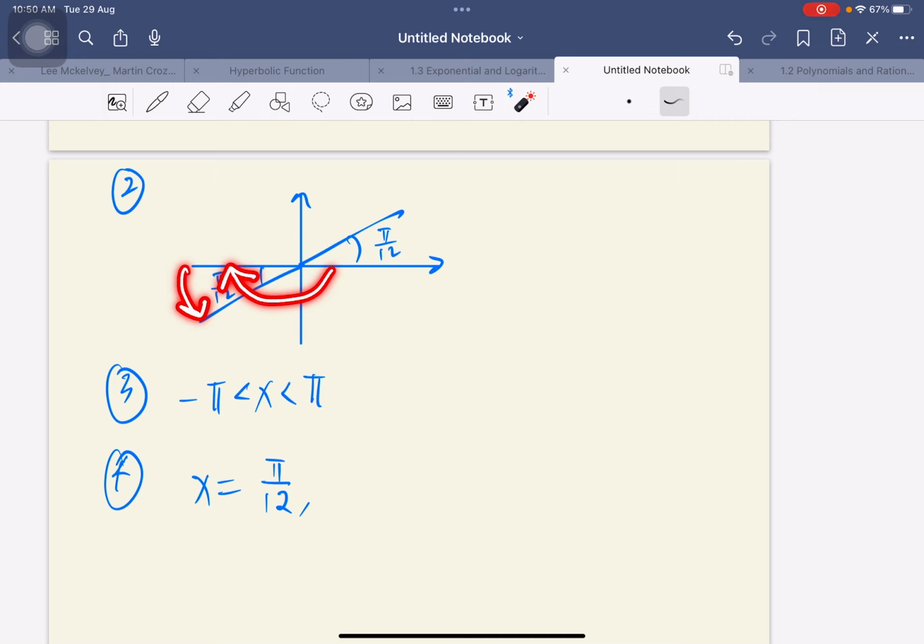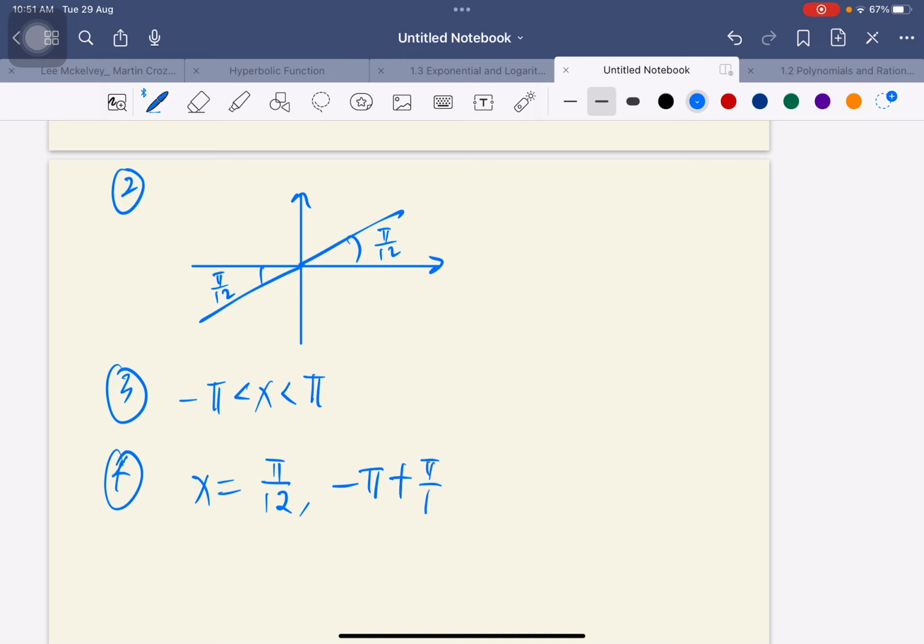It's not as negative as negative pi, which means it's negative pi and I reduce the negative, which is plus pi over 12.